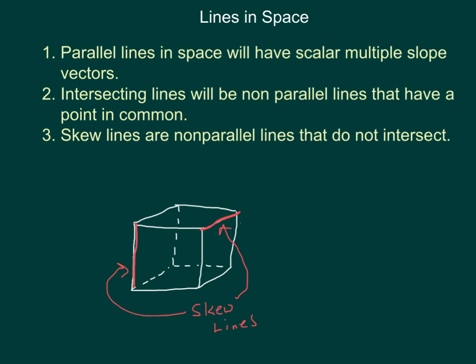You can do this too if you take a pencil in each hand, hold one so that it is vertical, hold another so it's not vertical, and keep them separate, and you would then see skew lines. The pencils would represent skew lines.